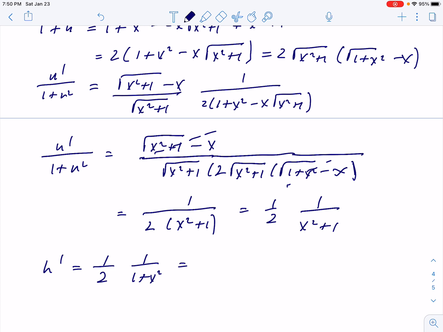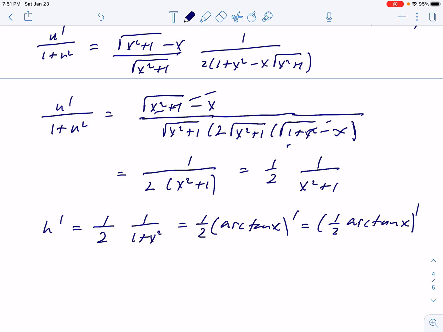arctangent, and we can construct a new identity. I can write this like 1/2 arctangent x prime, or I can put inside this constant. And we have two functions with the same derivative, so they differ by constant.